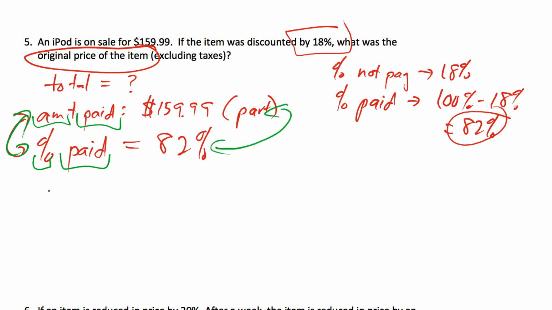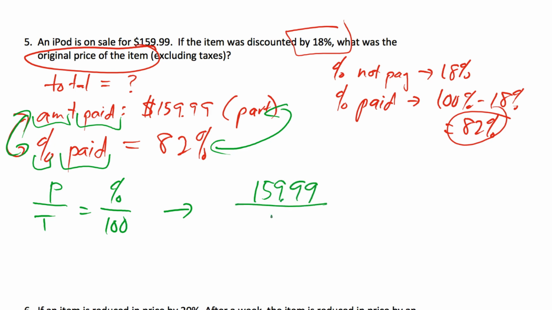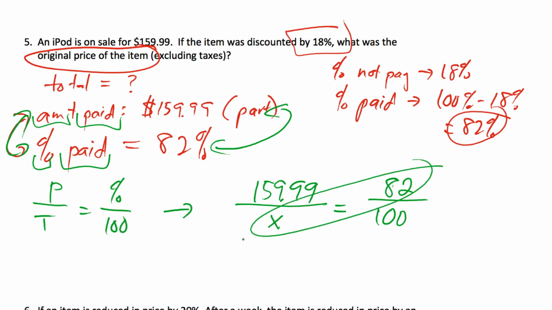So when we go to set up, let's do a proportion this time. Part divided by total equals percent divided by 100. That would mean that the part that we paid, $159.99, out of our unknown total, will relate to 82 out of 100. So we'll cross multiply. We'll get 82x equals 15999.